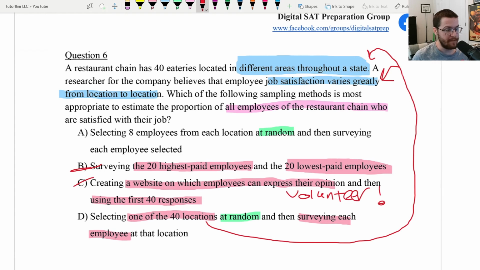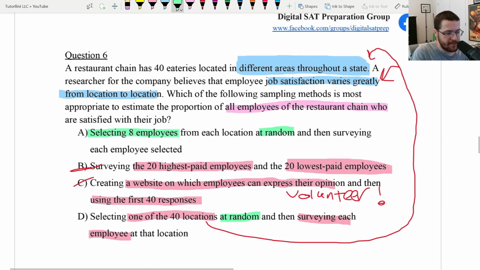Let's say we pick the location that's in a really good place to live, and all the people say, oh, working here is great. I can afford my rent, afford my groceries, everything. But then all the people in the other locations are like, listen, I'm barely getting by. This is awful. That's obviously going to skew the results. You're not capturing all employees, you're just capturing employees from that one store. And this one does a much better job of accounting for that.